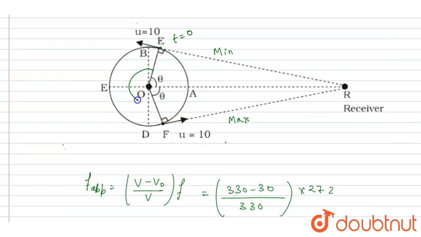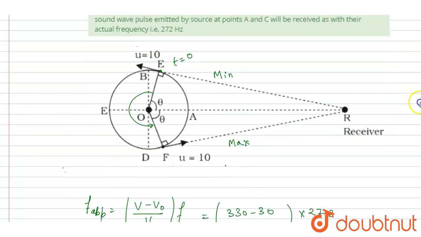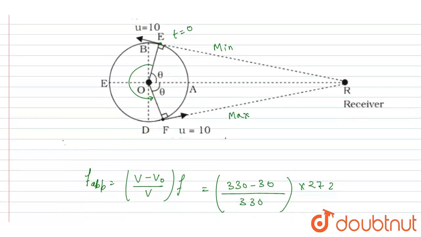So you have to rotate this much angle, right? And you can calculate this theta. This distance is given, it is 5 meter, and this is 3 meter, right? So this angle will be 53 degree and this angle will also be 53 degrees.